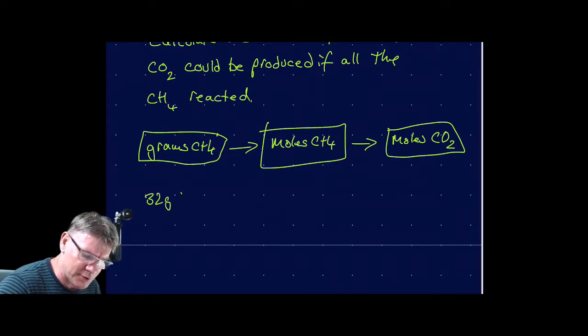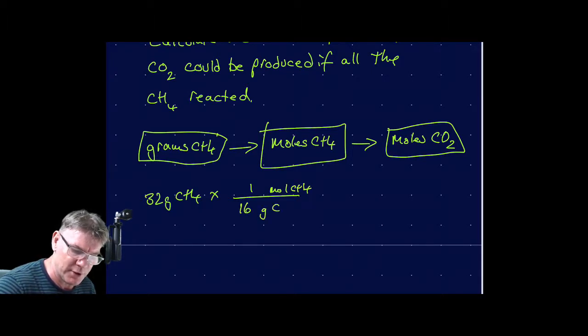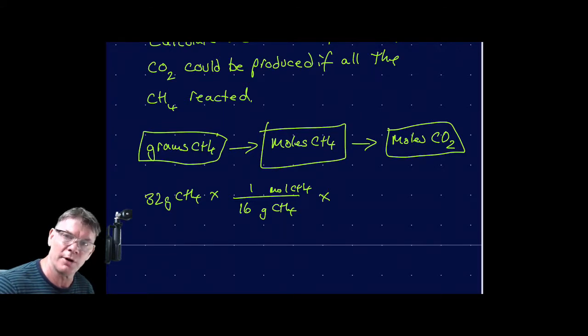32 grams of CH4 times a conversion factor, which is going to be 1 mole CH4 divided by 16 grams of CH4, just the molecular weight of CH4, 12 plus 1 plus 1 plus 1 plus 1. And now we want to find out how many moles of CO2 are produced for every mole of methane.